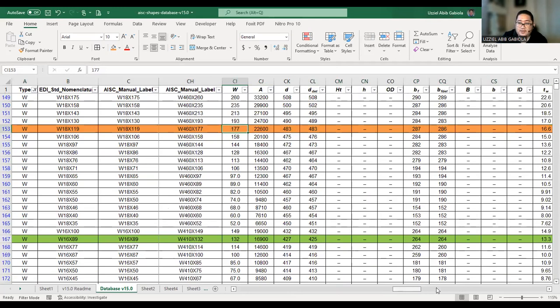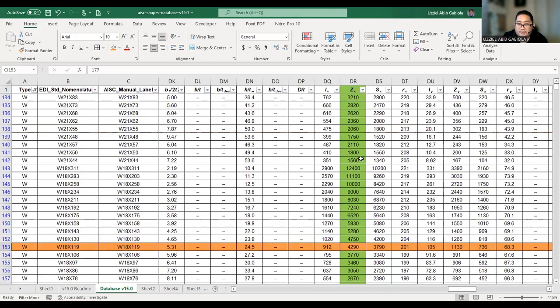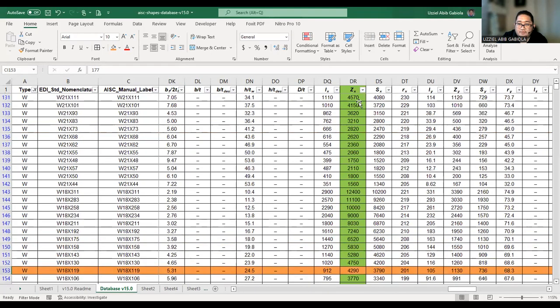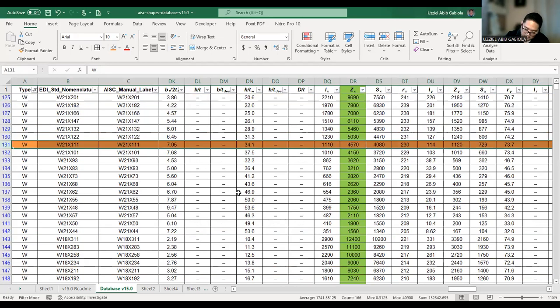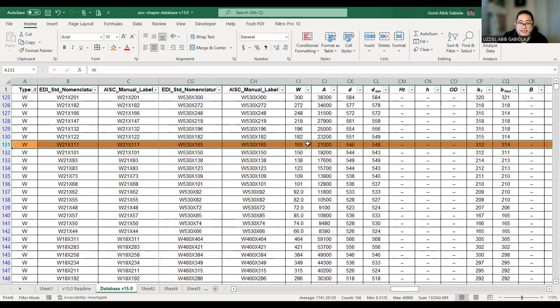Next. After W18, W21. 4187, so ito, W21 by 111. Kunin natin yung ZX ulit, 4570 times 10 cube. And then, yung weight natin sa kanya is 165.